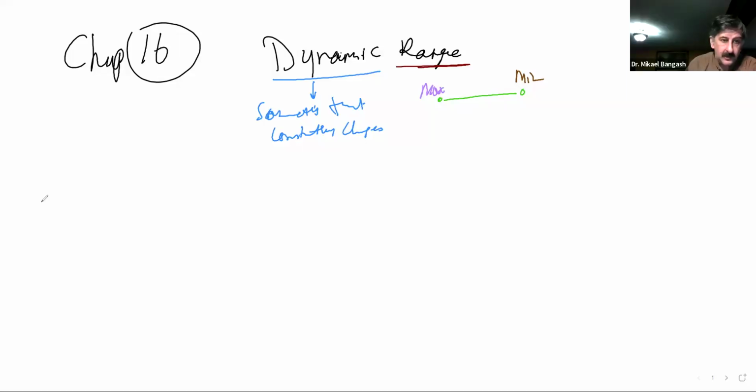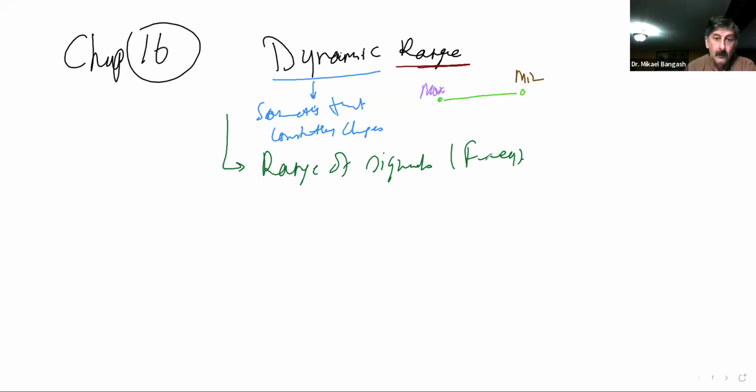Now we may look at dynamic range in two forms. Although we're not going to discuss the detail about the first form, if I say that dynamic range can be a range of signals, which in this case would be frequency, then what would that range be called?